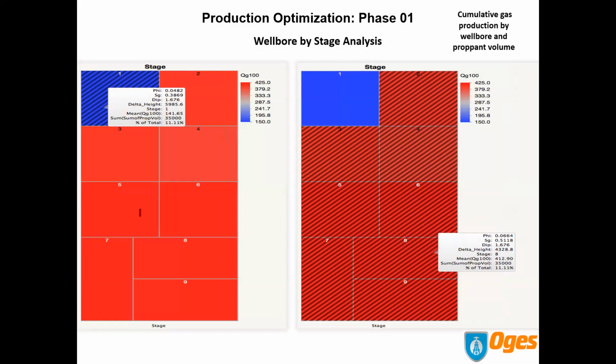So in wellbore 10, we have 9 stages, and essentially then what we're looking at in stage 1 is primarily hardly any production. It could be a lot of water coming out of stage 1, whereas we have here all the good stuff, or the red high production.